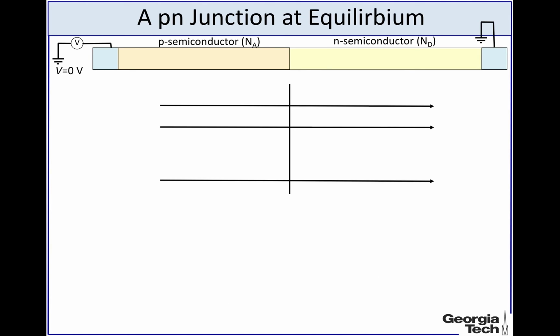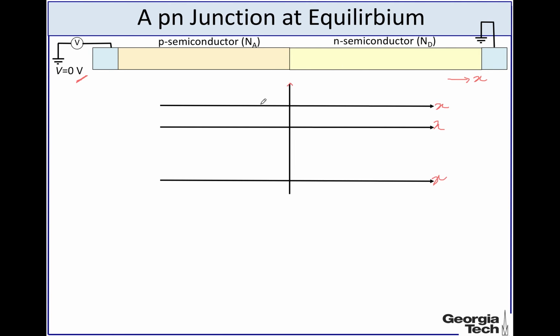So here we have a p-n junction at equilibrium, meaning that the applied voltage is 0. This is the x direction, going from the p side to the n side, and we'll plot three quantities.